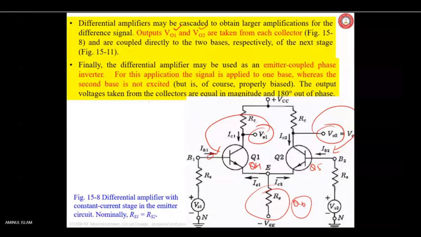The output voltages taken from the collectors are equal in magnitude if everything is identical, all values RC, RS, etc. are the same. Then equal value outputs BO1, BO2 will be obtained, but out of phase, with a phase shift of 180 degrees. Is it understood? Yes.